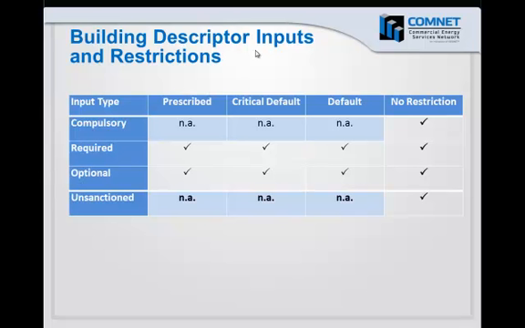These would be features that would not be a part of the baseline building, but they might be a part of the rated building. And in these cases, some of them are optional. And then there's what we call unsanctioned.